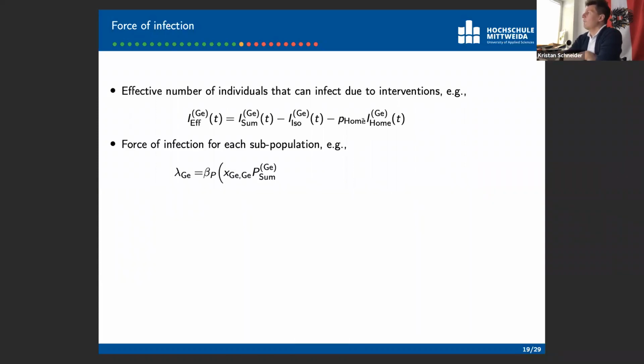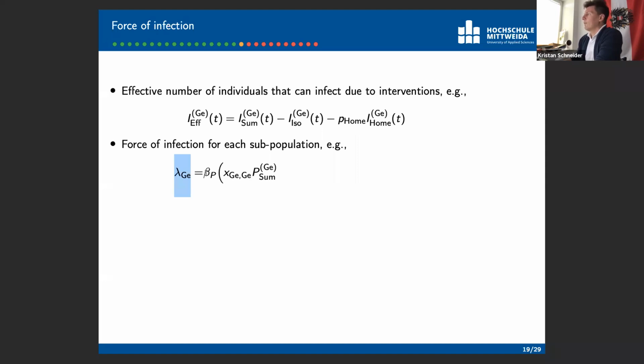Okay, and then we had in this flow diagram the force of infection. The force of infection tells you how many infective contacts you have between susceptible and all kinds of infected. Let's see, what is the force of infection experienced by the general population?